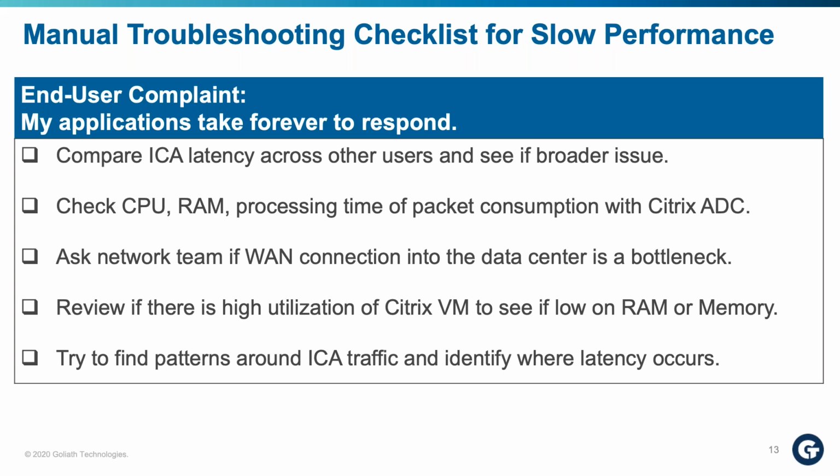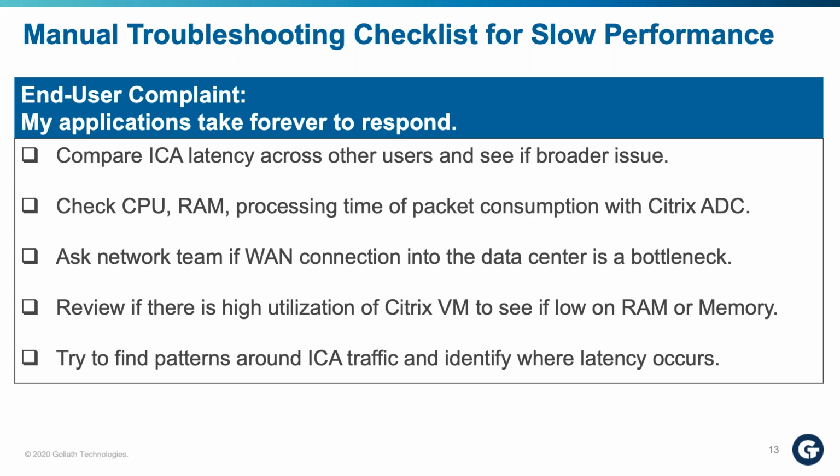So if my neighbor calls into his help desk and says, hey, the applications are slow, Citrix is slow, is it Citrix? Is it the company's connection to the internet? Is it the end user, like my neighbor? Is it his internet connection? Is it his Wi-Fi, or is it his endpoint?